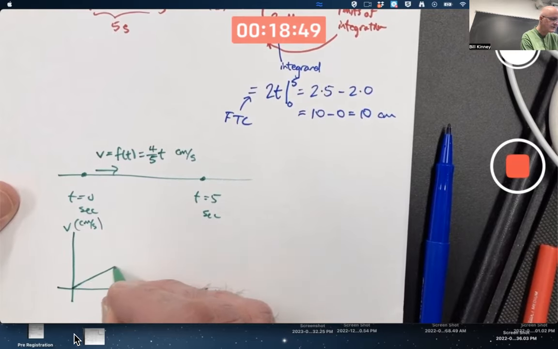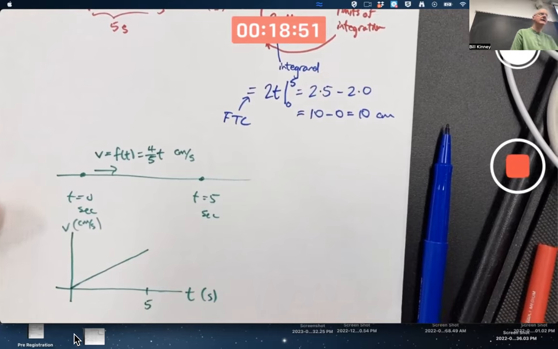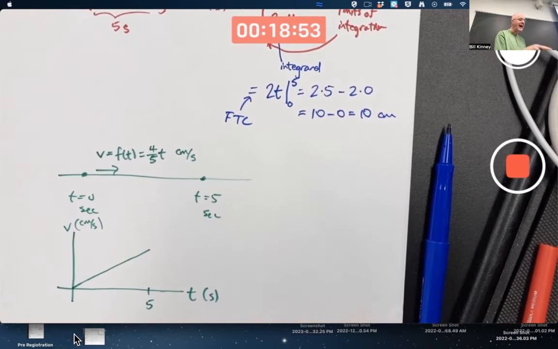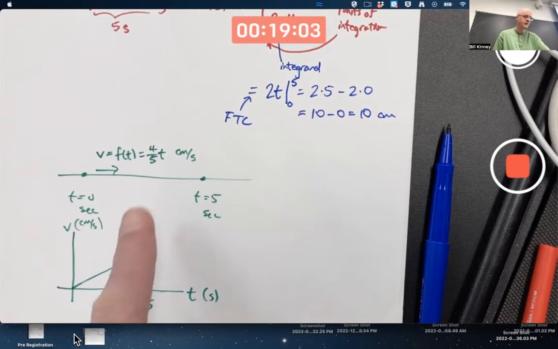The velocity goes up in a linear way. The fact that that graph is a straight line means its derivative is constant, but the derivative of the velocity is acceleration. The acceleration, the derivative of that, is 4/5 centimeters per second squared. 0.8 centimeters per second squared.